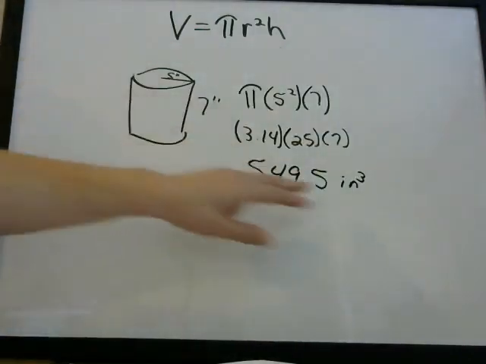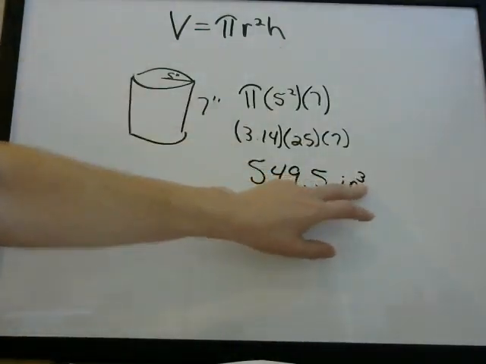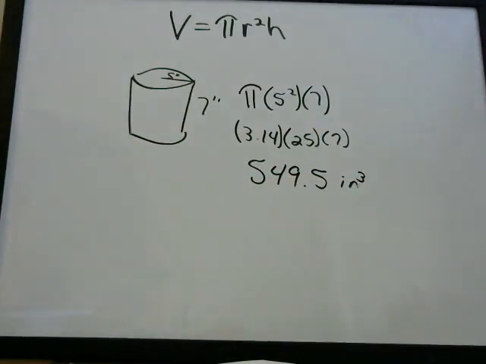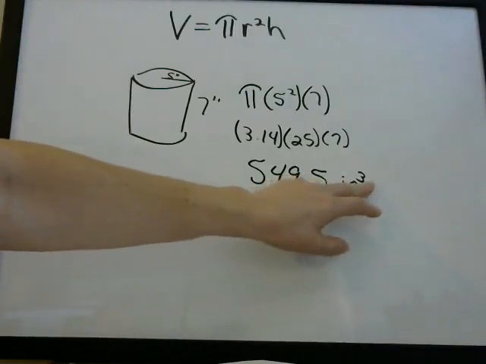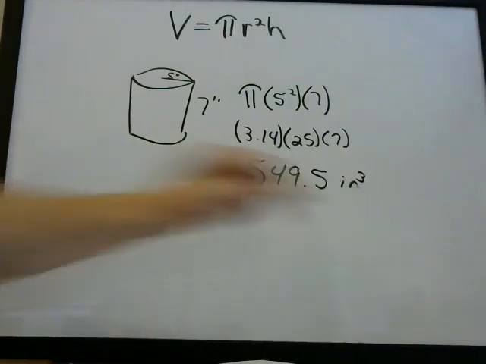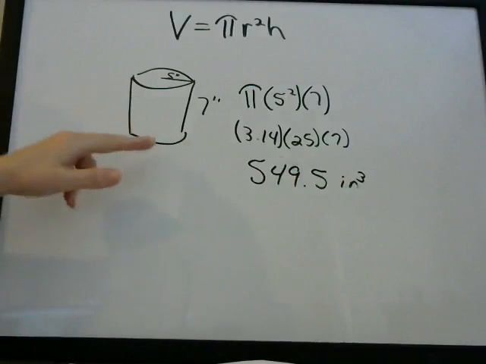So when you're dealing with volume, you're always dealing with cubic units. So that can also be a key to the problem. If there's a word problem, they talk about cubic, you know you're dealing with a volume problem. But also make sure you label it correctly, and we use a 3 for cubic. So that's a basic idea on how to do a problem like this.